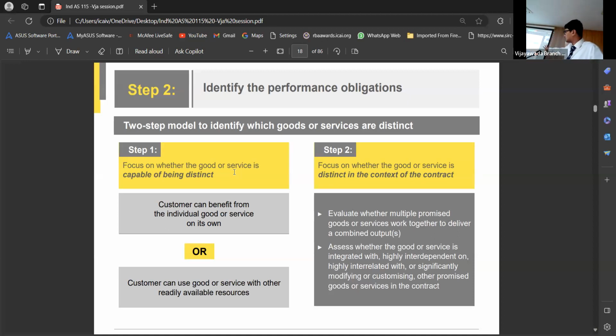The standard gives guidance there. The standard says when you get the contract, see the context of the contract. Are we talking about two highly interrelated, interdependent inputs and outputs? Then you cannot say it is a separate performance obligation. You have a single performance obligation. So that is the concept of step one, step two.